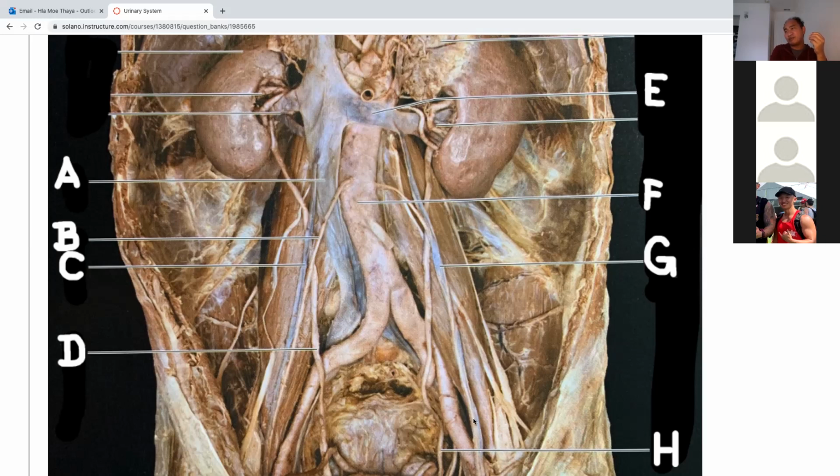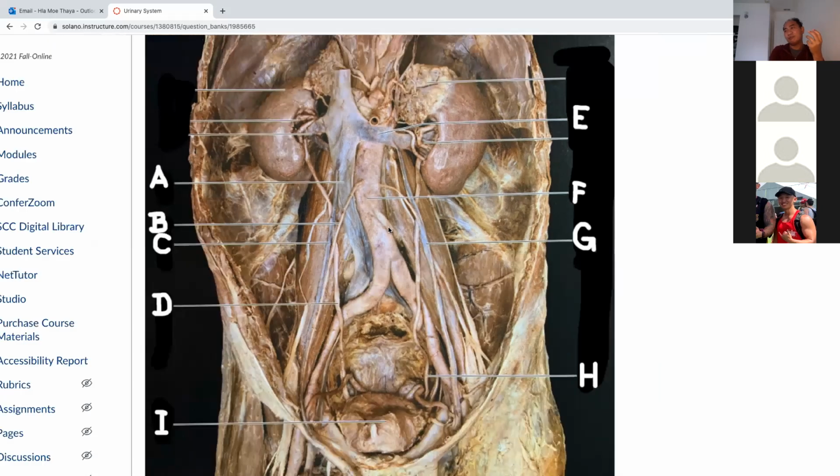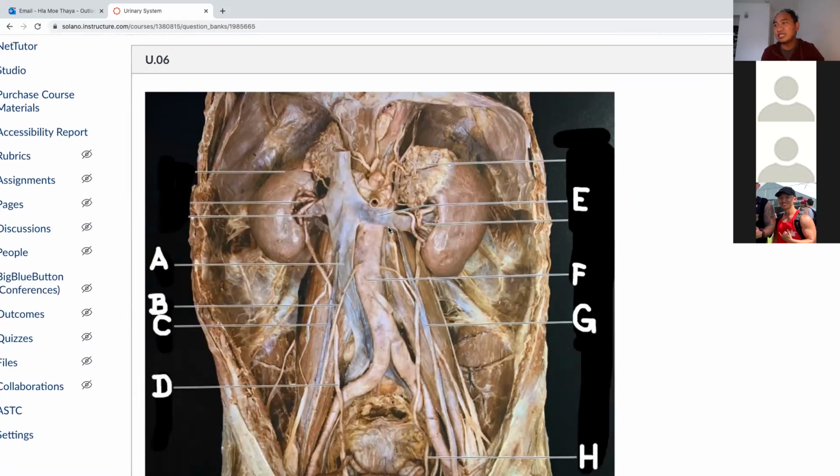Therefore, the vein from the testes cannot go back into the renal vein. So there will be backward pressure, and there will be varicose veins around the testes in the scrotum. That's why if we see a varicose in an older patient, we have to check for cancer of the kidney. Perfect. Let's move on to the next slide.